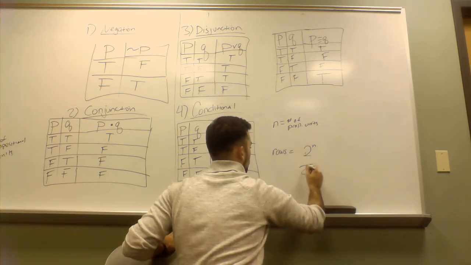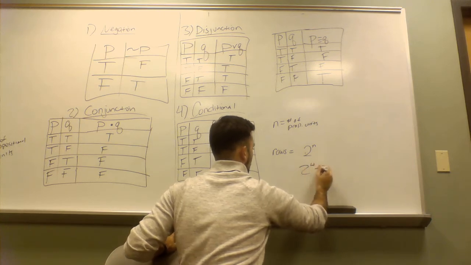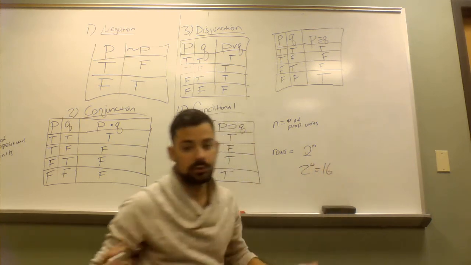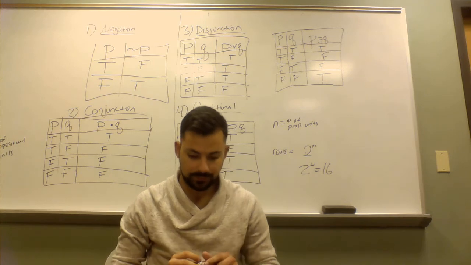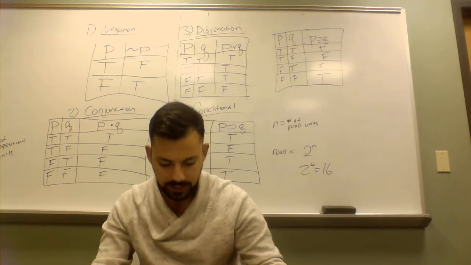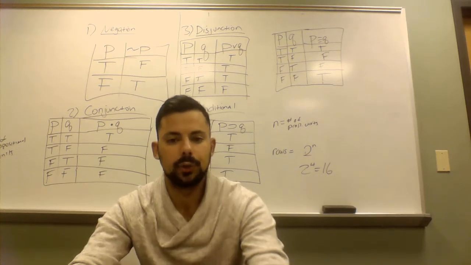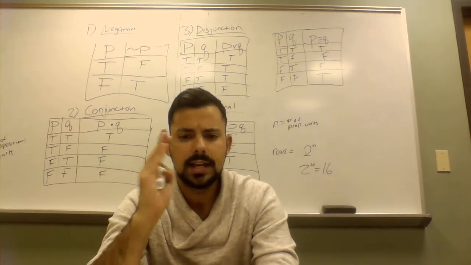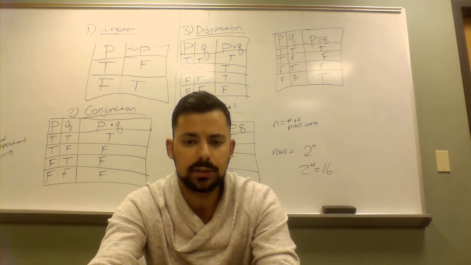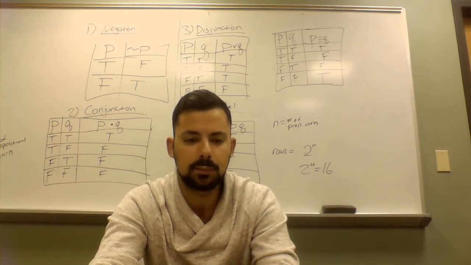So 2 to the 4, for the 4 units we have, equals 16. 16 rows. This one's going to be a bit of a doozy. But yeah, I'm going to write this down in a second. Again, the key to extended propositions is finding the main operator.